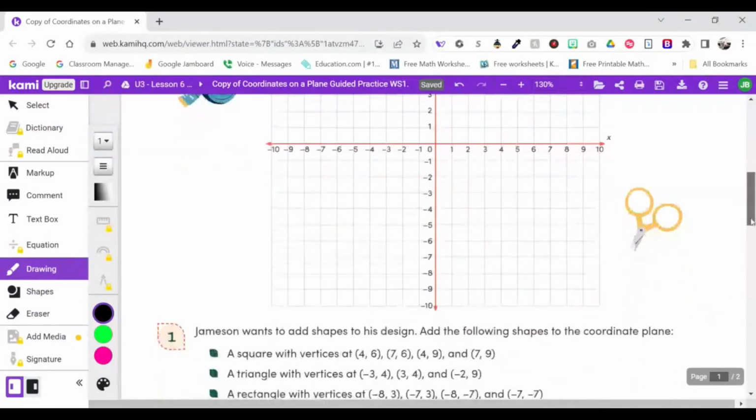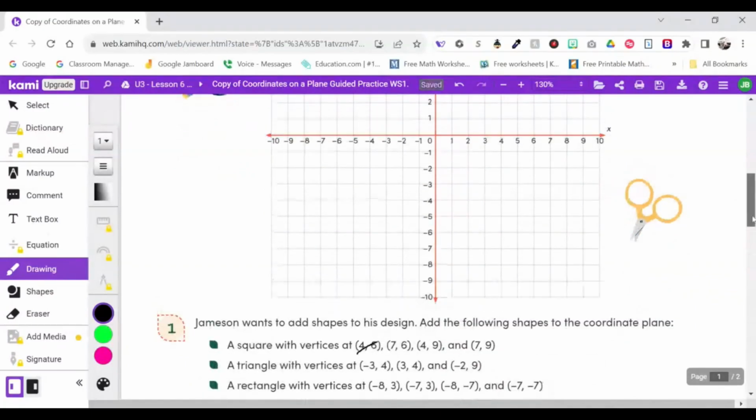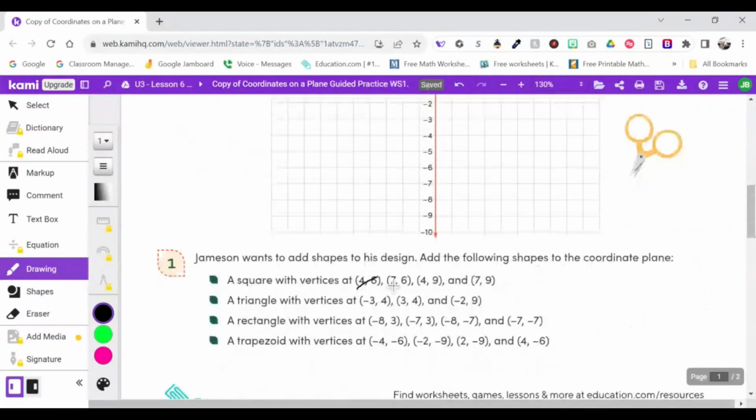Then the second point is 7, 6. So we would go over 7 in the x direction, 6 in the y direction. So that's the second point.